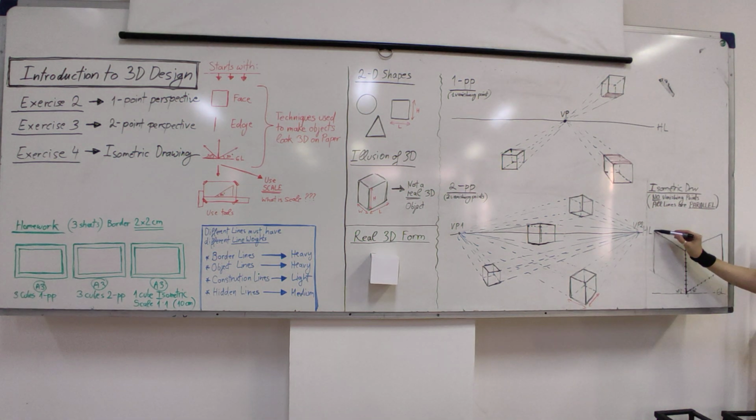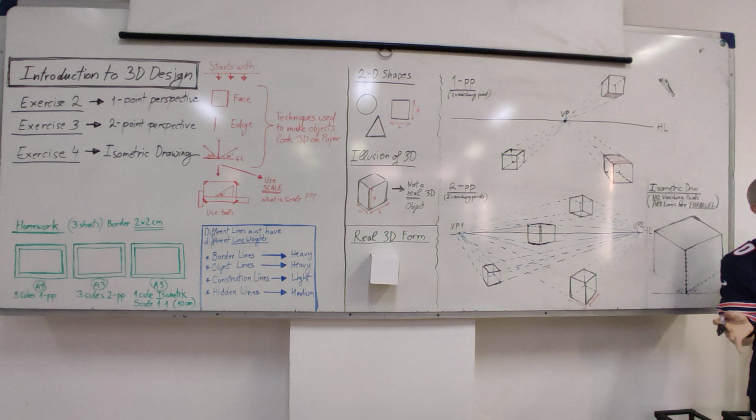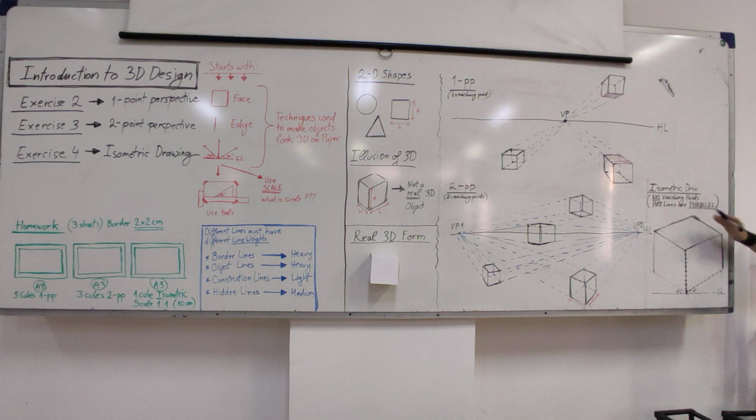Now, we still have this line and this line to do. So this line here has to be, again, at a 30 degree, parallel to this line. And this line has to be parallel with this line, okay? So at 30 degree. Now you need to be very careful. If you don't use the rulers, you will get it wrong.